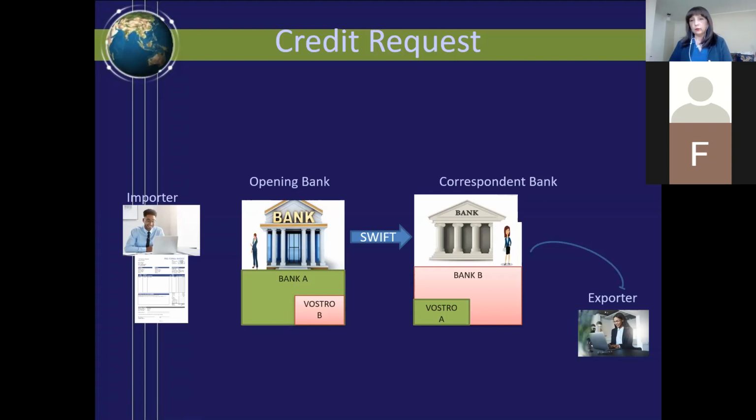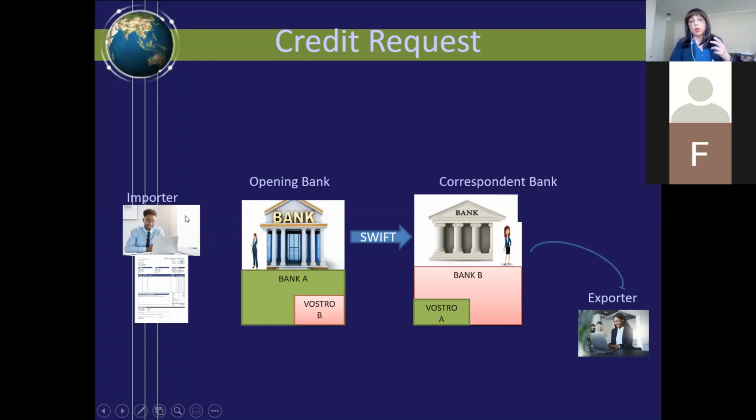So the opening bank, even if it is his personal bank, is going to study the financial status of this person. They have to know that he is going to be able to return the money.